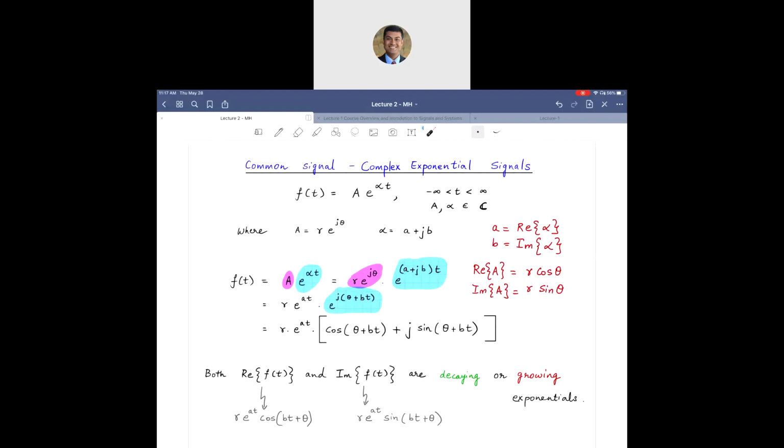Next, using Euler's identity, we can express e to the jx as cosine x plus j sine x. r e to the at remains as is. So now we have a complex function f of t, which we can individually separate as real part of f of t and imaginary part of f of t.